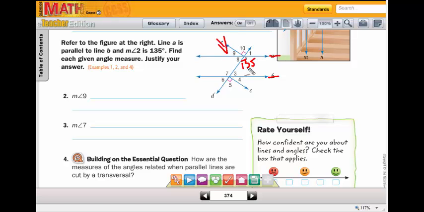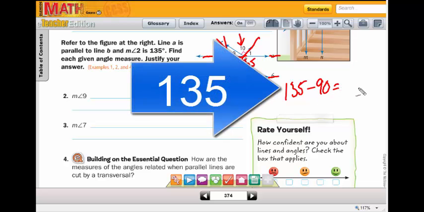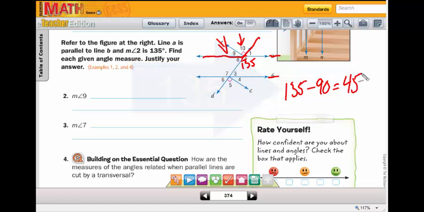Well, because this is 135 degrees, we can say that this is also 135 degrees. So the measure of angle 9 would be 135 degrees minus this angle here, angle 10, which is 90 degrees. So 135 minus 90 degrees would be 45 degrees. So the measure of angle 9 is 45 degrees.